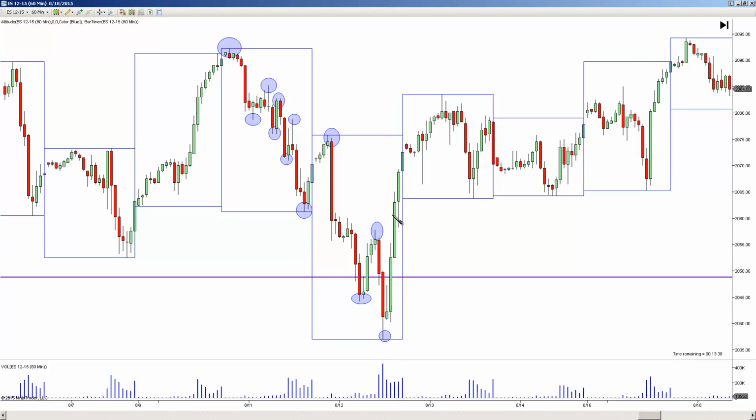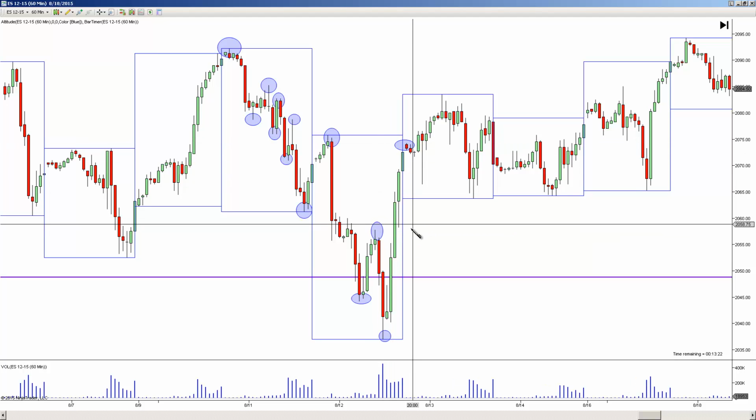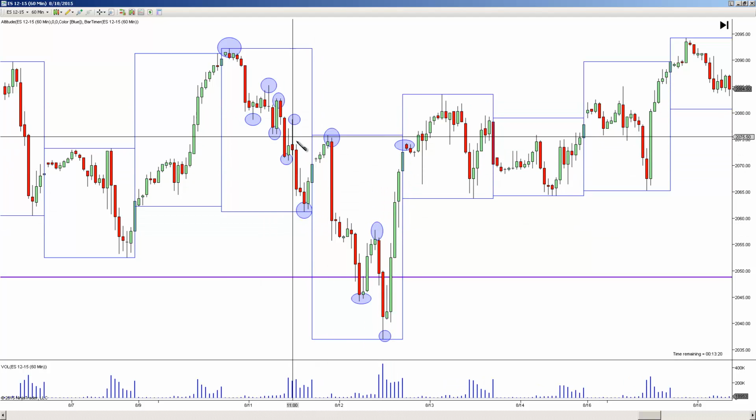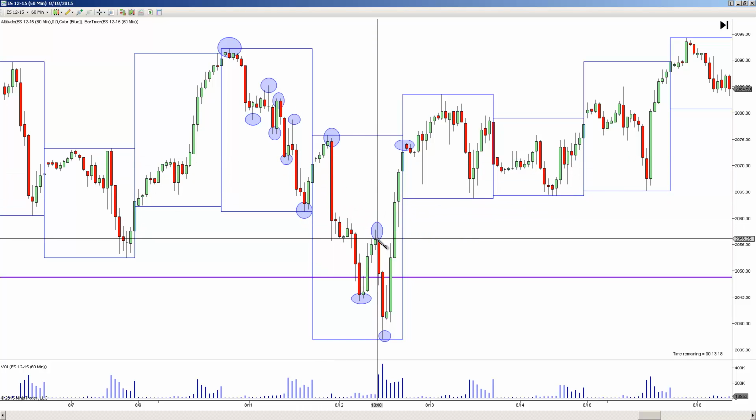Here's where we got our first reversal, where on this day the bulls were able to push the market past this previous high. Now you'll see this quite often when a long trend like this has been continuing down.